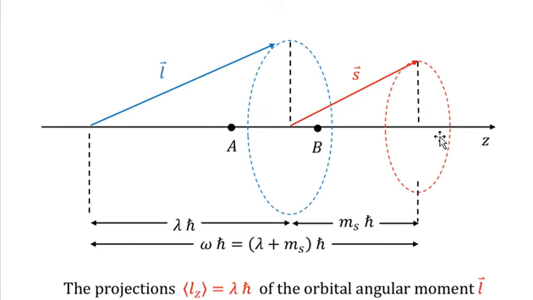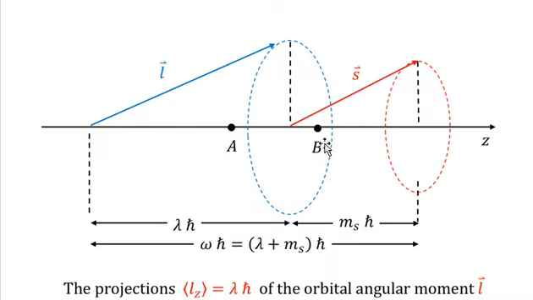And I have shown their projections also. The projection of L on the z-axis is equal to lambda h bar. The projection of S, the spin angular momentum, on the z-axis is ms h bar. The total projection is the sum of these two quantities, that is omega h bar will be equal to lambda plus ms h bar.